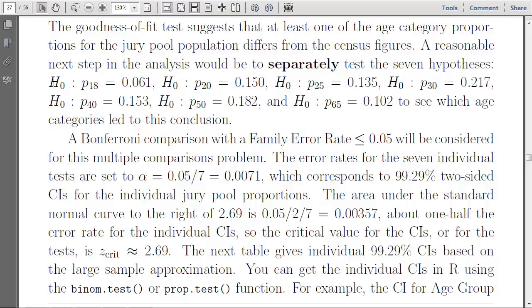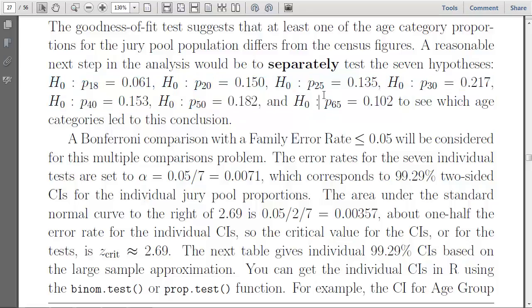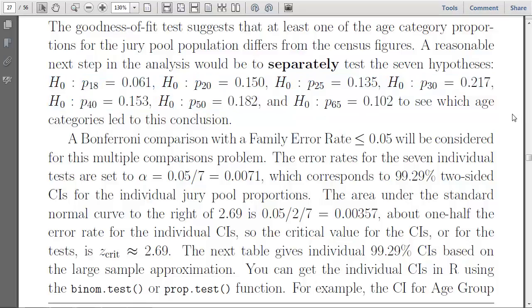So we have a 5% chance of making an error on each separate one, but now we want the chance of making any number of errors, whether it's 1 error, 2 errors, 3 errors, whatever, any possible error, we want that to be 5% for these 7 tests, all taken jointly as a family.